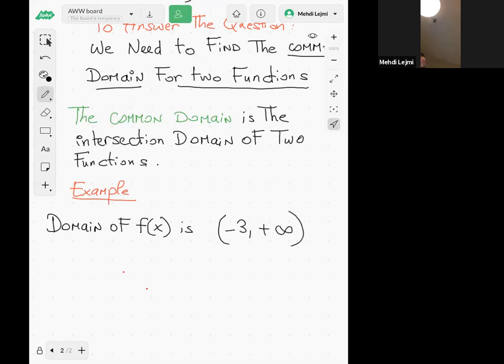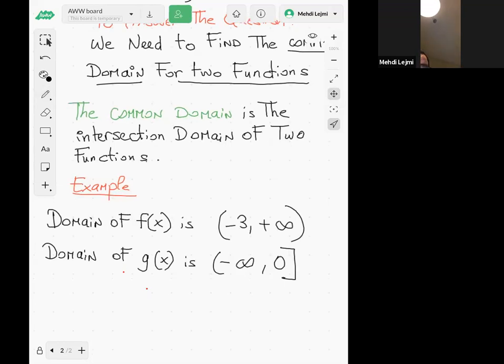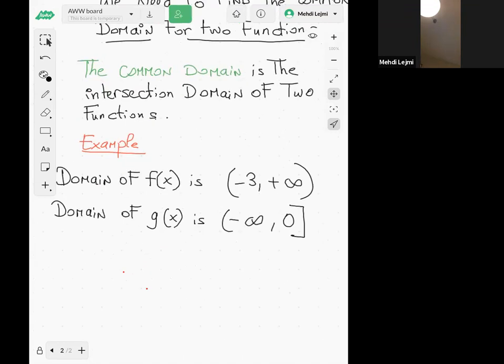And let's say the domain of g of x is negative infinity to 0, 0 included. So I know that the domain of f is negative 3 to positive infinity, and the domain of g is negative infinity to 0. So the question now is, what will be the common domain or the intersection domain of these two functions?